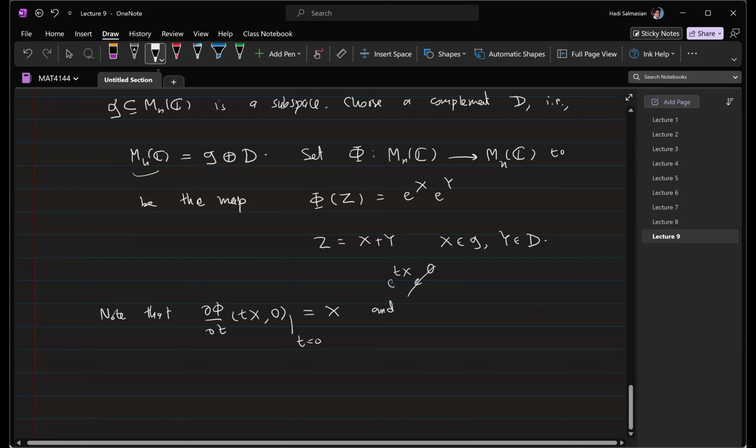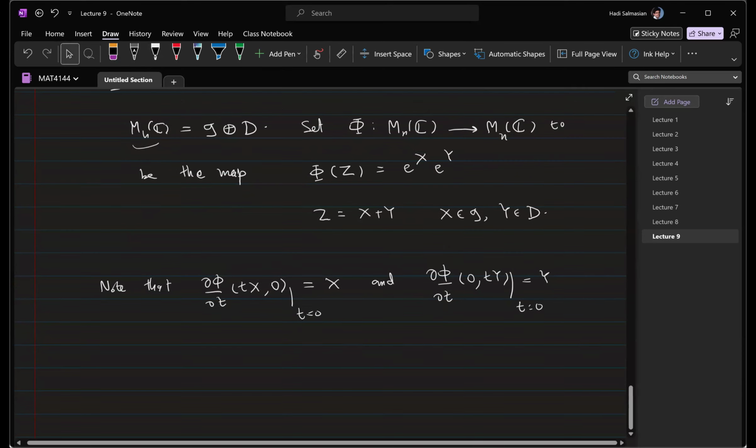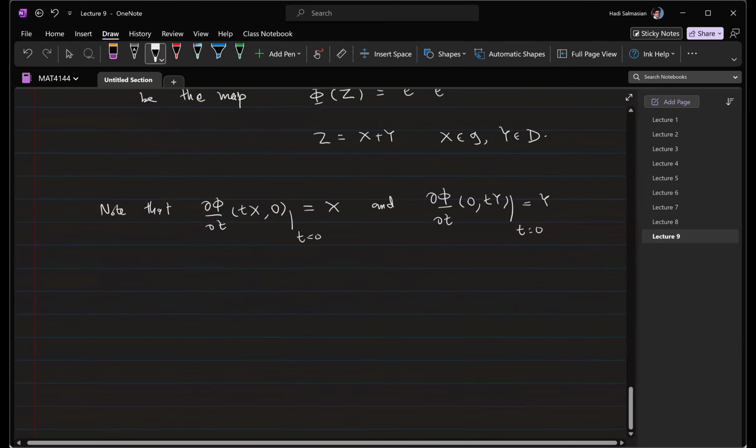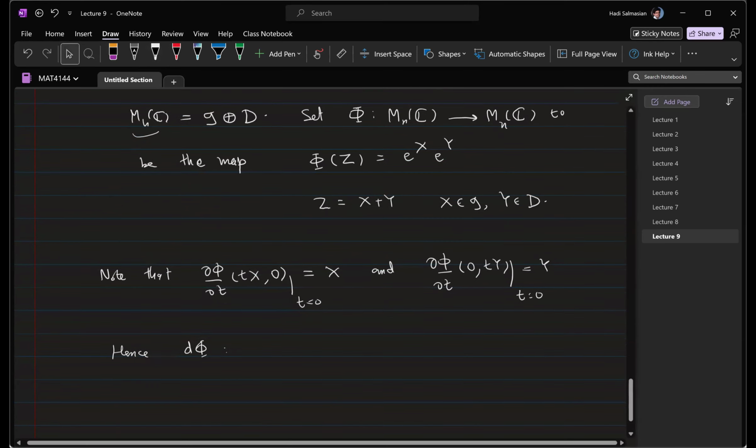And the partial derivative of this map with the other coordinate, or any direction y, at t equal to 0 is again y. So you see that the derivative of this map, d phi, will be again a linear map, this time from M_n(C) to M_n(C).